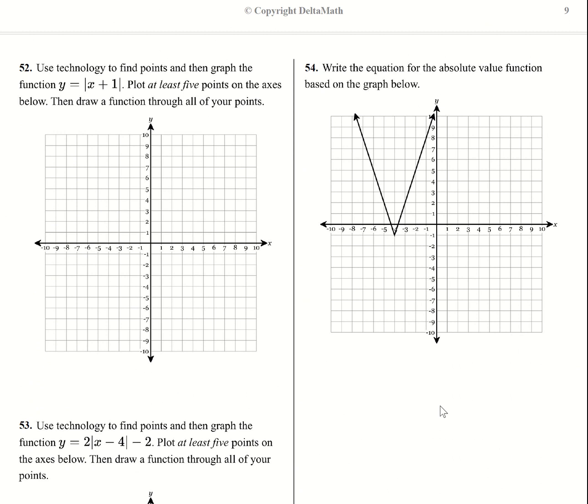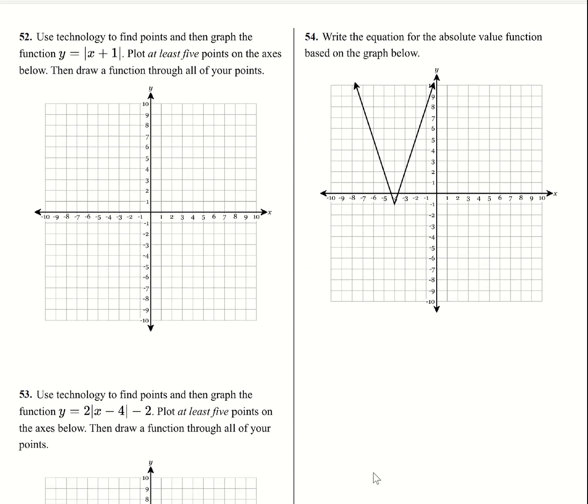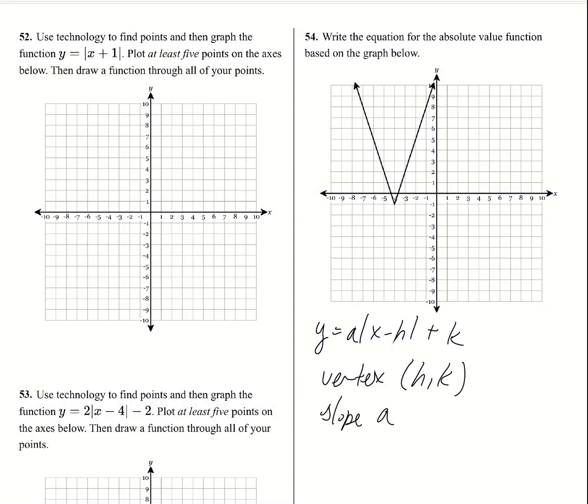You also might be given an absolute value graph, and you have to write the equation for that. So remember, I told you y is equal to a times the absolute value of x minus h plus k, where the vertex is (h, k) and the slope is a.